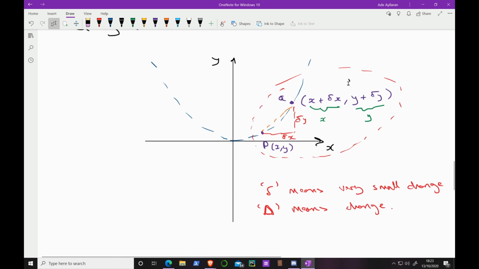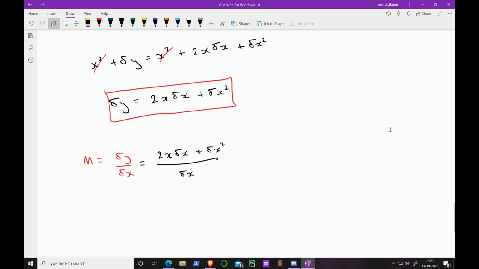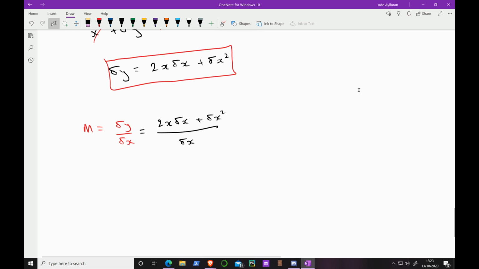Yeah. So delta y over delta x, and we make our substitutions. So that's going to be 2x delta x plus delta x squared over delta x. I'm going to clean up.